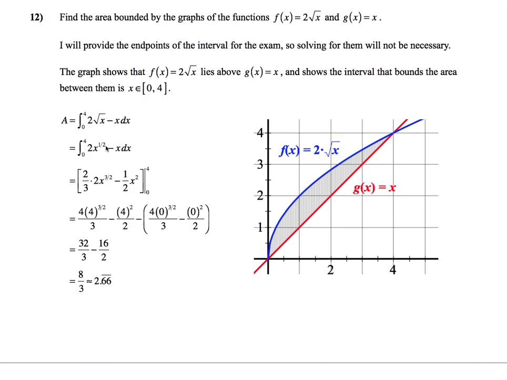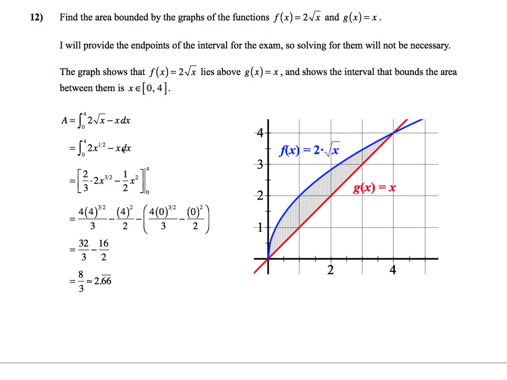And now anti-differentiating, we add 1 to 1/2, that's then 3/2, and the reciprocal is 2/3, so we multiply that times the front here, 2/3 times 2x raised to the 3/2 minus the antiderivative of x.